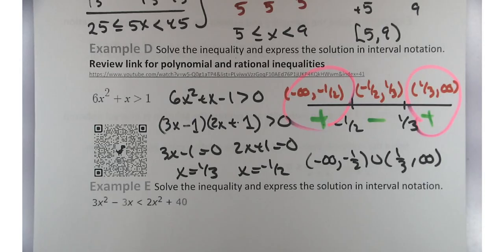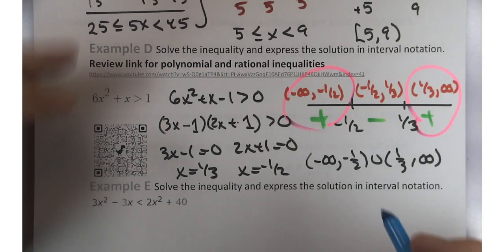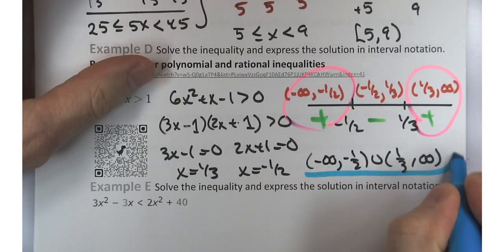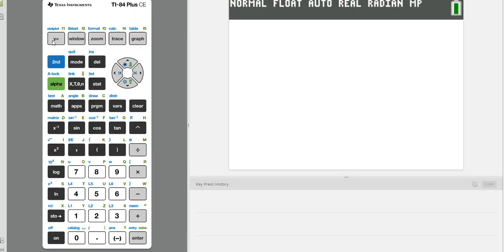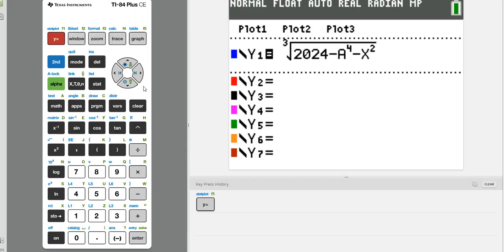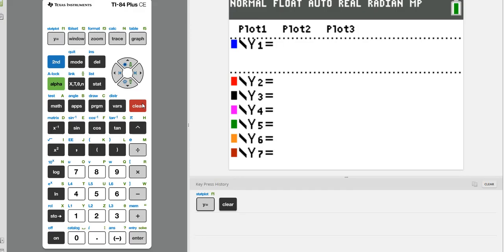Well, sort of. Let's look at what you're going to do on the graphing calculator when you run into these problems. So the first thing I want you to do is go to the equation editor. So hit the y equals key. Clear out anything that happens to be there. And then let's put in the equation. 6x squared plus x minus 1.